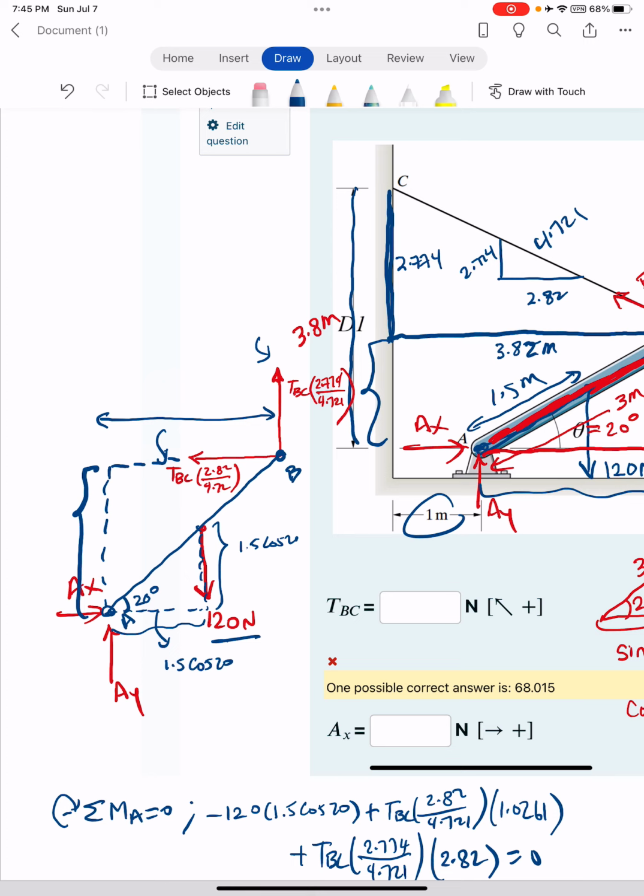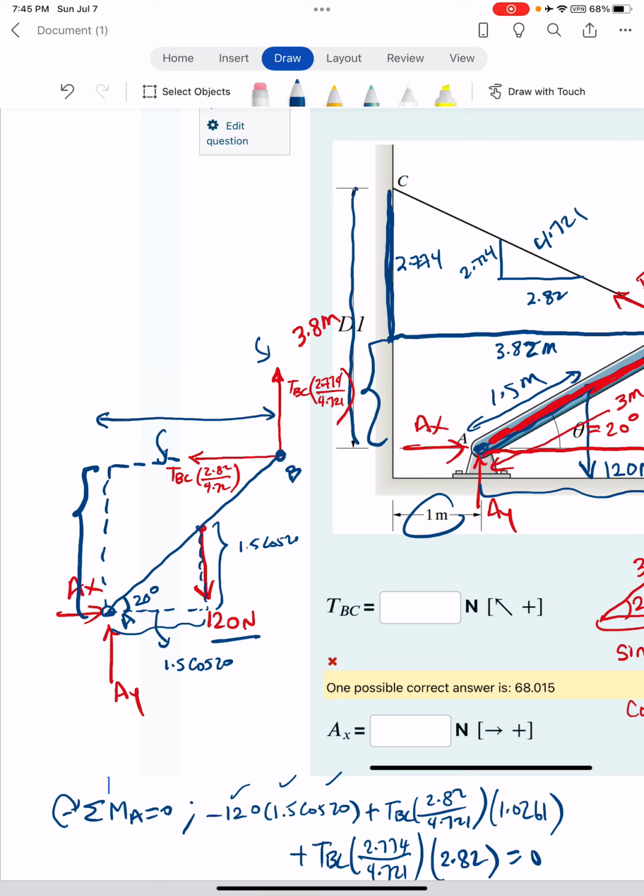So let's look at the answer here. Okay, so we're going to do it like this. Let me just check it. 120 times 1.5 cosine 20, TBC 2.82.